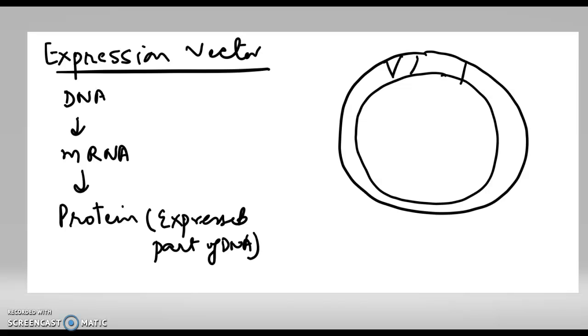So if we have any other vector, the ori site is there, but along with the ori site, we can add transcription factors and then translation factors like initiation and termination factors.